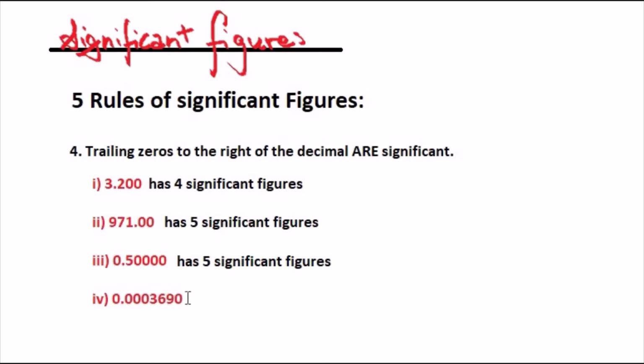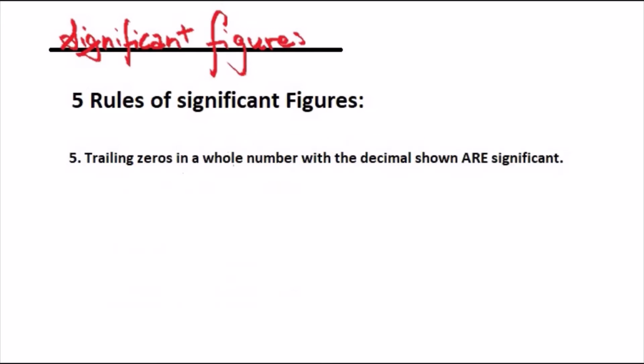So in this number, we have 1, 2, 3, 4, 4 significant figures. So for the same reason that this 0 was not significant, these zeros are not significant. They are leading zeros. So for the final rule, trailing zeros in a whole number with a decimal shown are significant. And of course it means if the decimal point is not shown, then they are not significant.